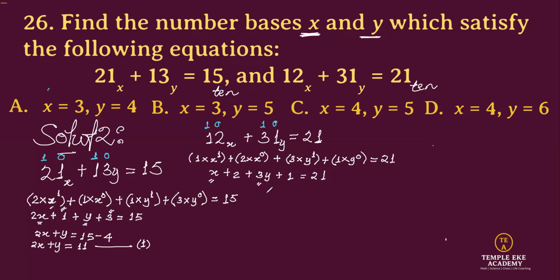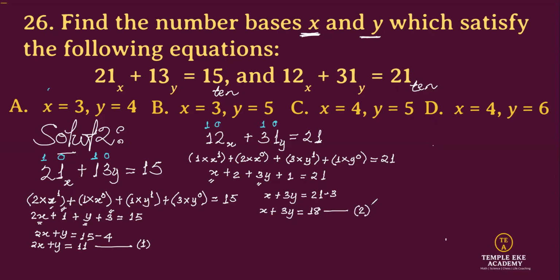So we have x plus 3y, and now we want to add 2 plus 1 on this side to generate 3, and then subtract that 3 from both sides. 21 minus 3. Beautiful. And now we have x plus 3y equals 21 minus 3 gives us 18. That's right, and that becomes our equation 2.